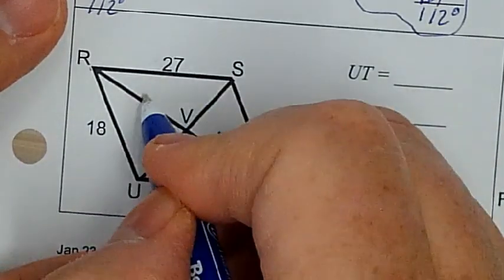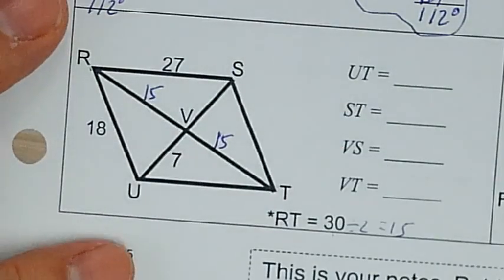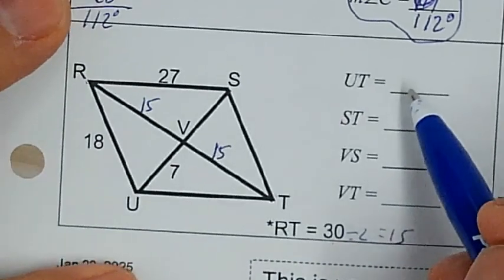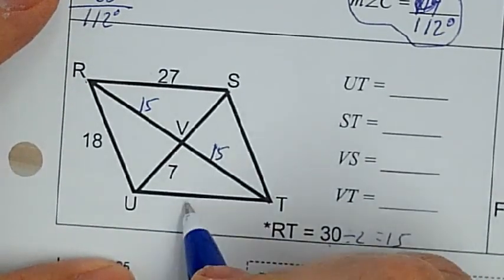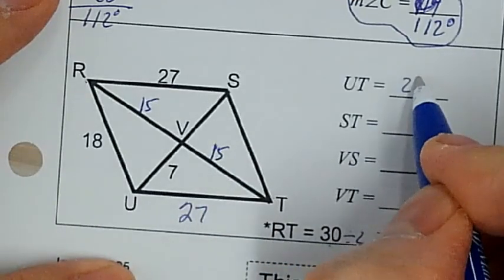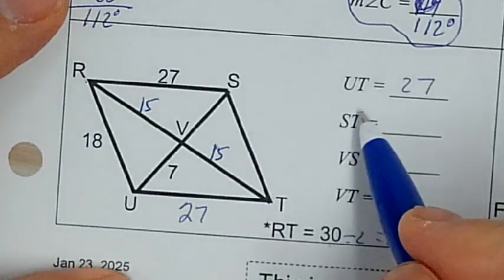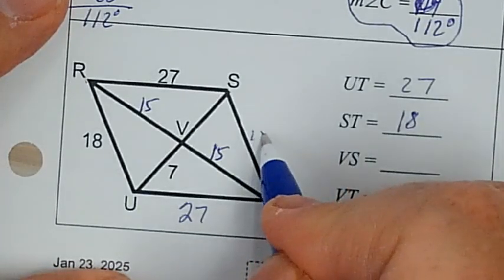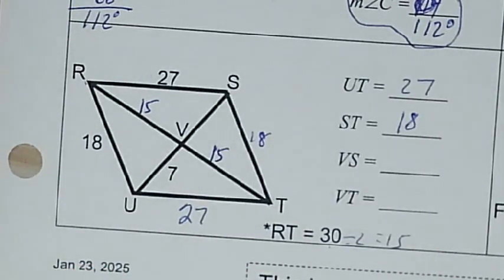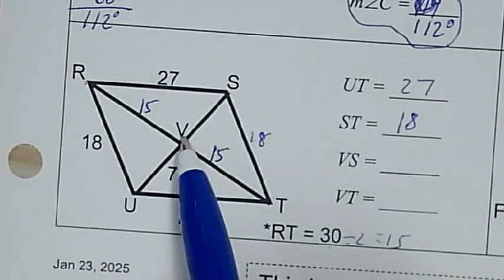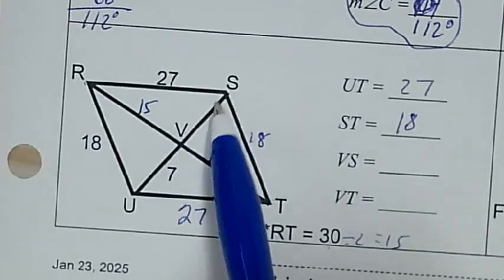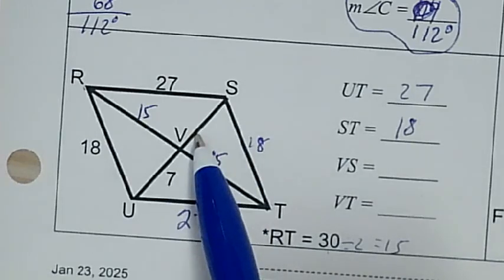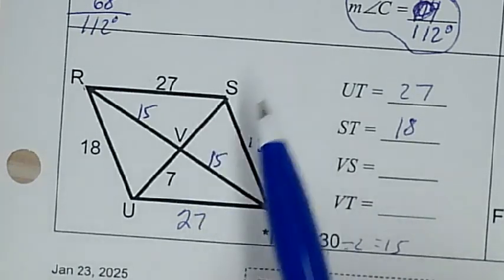Now they're asking for UT. Come on, kids, what's UT? 27. Why? Opposite sides are congruent. ST is right there. 18. Why? Opposite sides are congruent. VS, the distance from V to S. What's that? It's 7 because diagonals bisect each other. So if this side's 7, that side's 7.